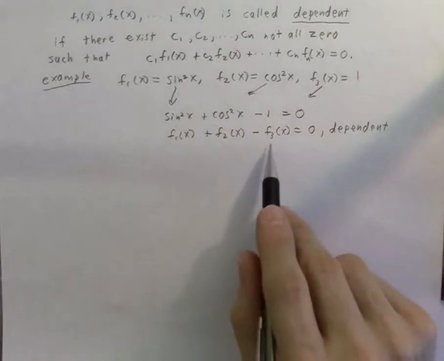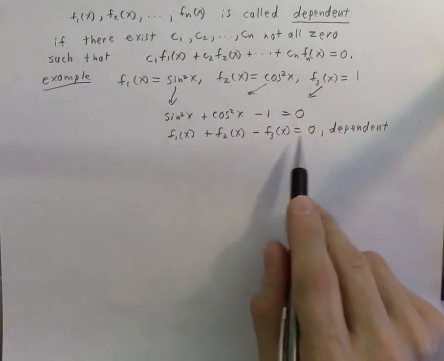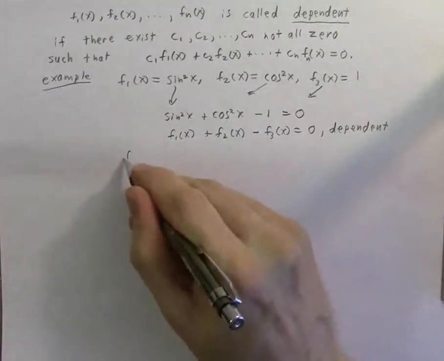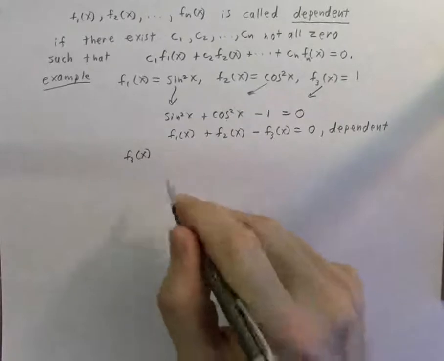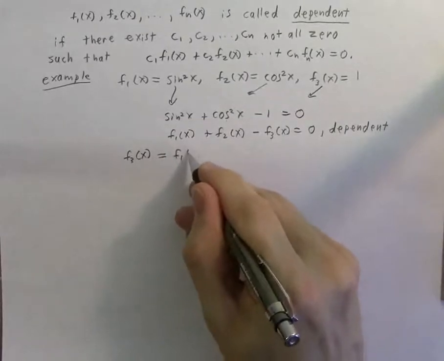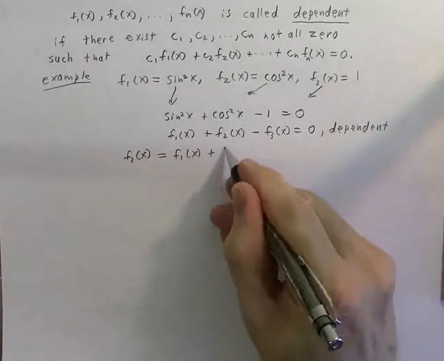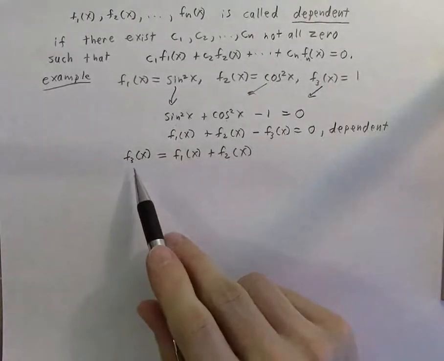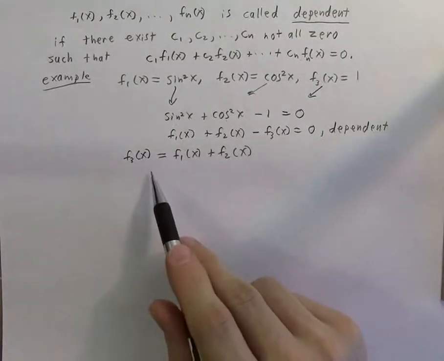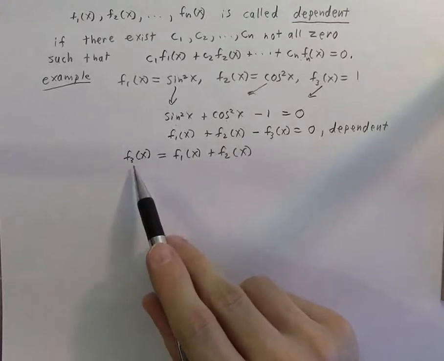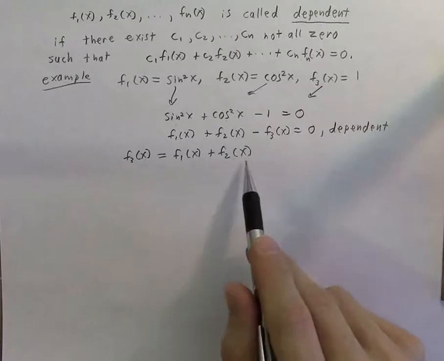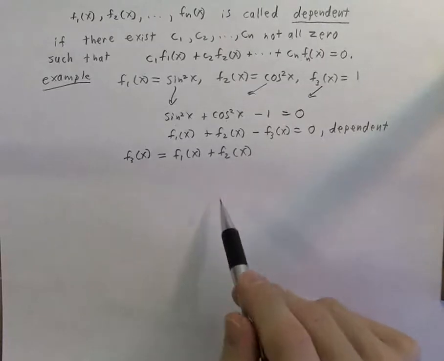Now we can see what that tells us. We can just put the f3 on the other side of the equation, in a sense solve for f3. f3 of x is equal to f1 of x plus f2 of x. And that shows that f3 of x is really not necessary to be in our list of functions, because f3 of x is simply a linear combination of the other two functions.